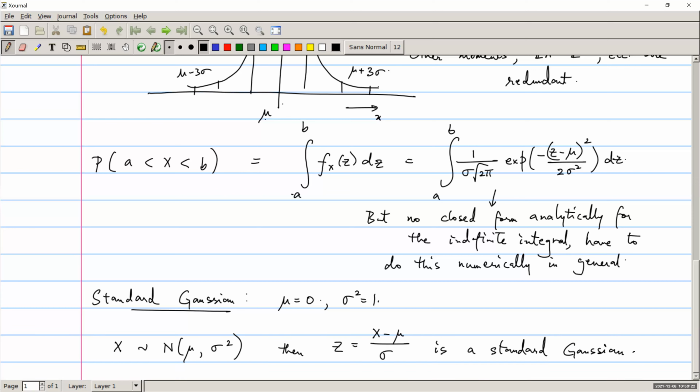So if you have any Gaussian random variable, there's a way to normalize it, because no matter what the value of the mean mu and the variance sigma squared, the properties of the Gaussian don't really change. So there's one standard normal way.